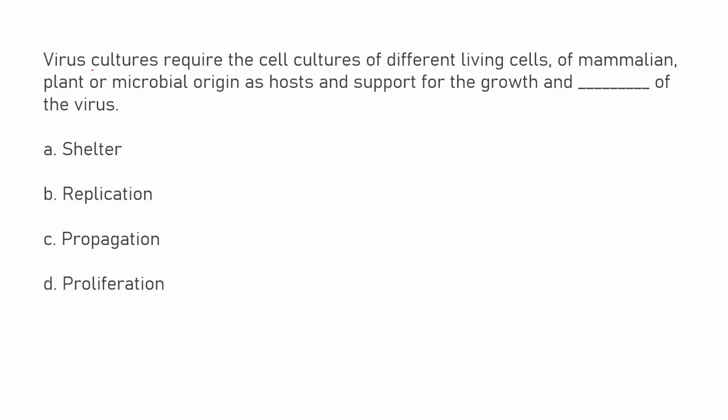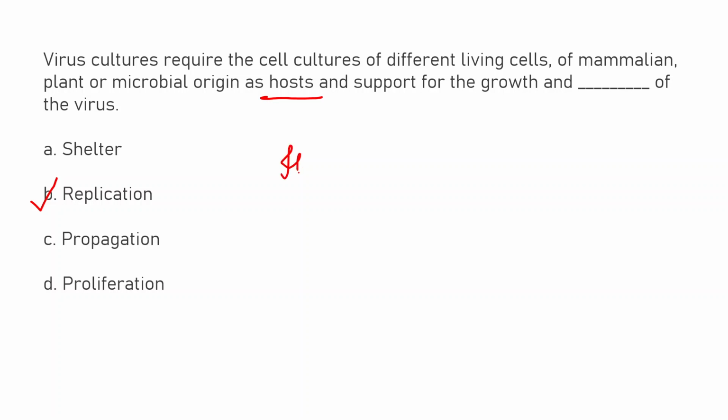Now, virus cultures require the cell cultures of different living cells of mammalian, plant, or microbial origin as host and support for the growth and something of the virus. So, shelter, replication, propagation, proliferation. So, viruses require host for growth and for replication.